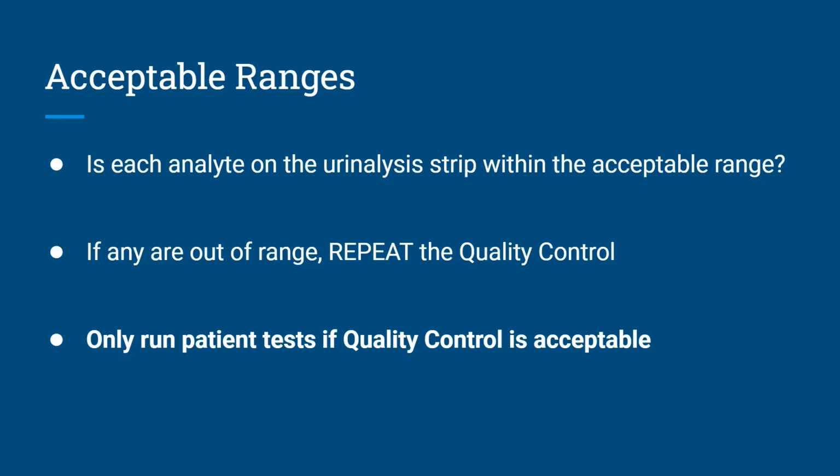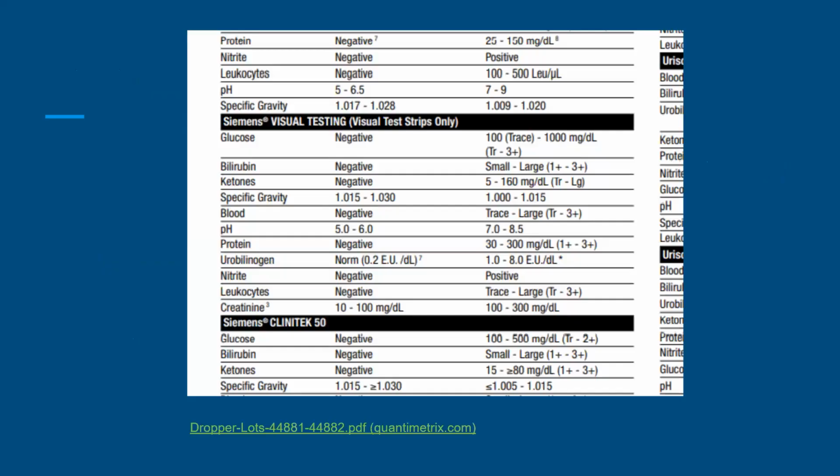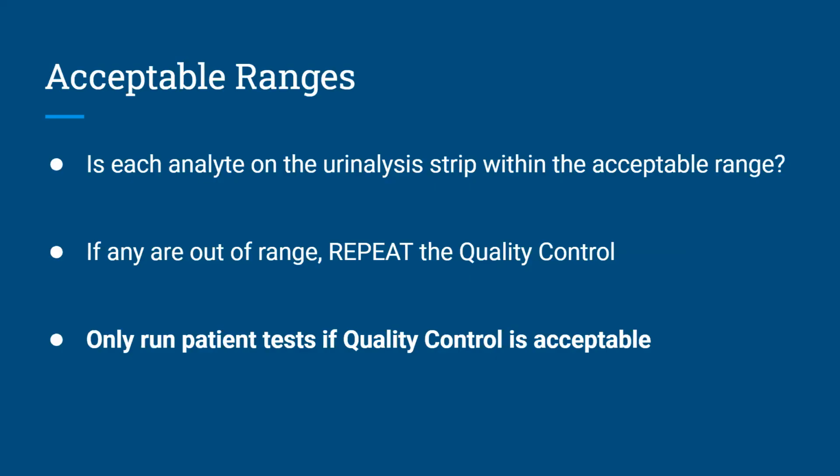That's important because if all of them on here, all these analytes, glucose, bilirubin, ketones, if all of them except pH are within acceptable limits, if the pH reads 6.5, then it's going to be out of the acceptable limits. So we're going to repeat that test, even if all the rest of them are within the acceptable limits. You want to make sure every single one is. Only run patients if quality control is acceptable.